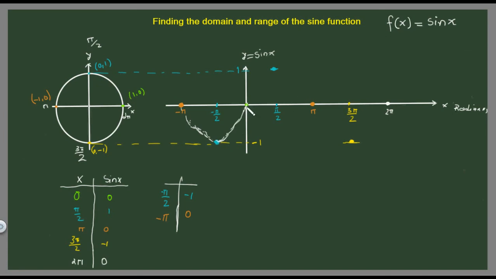Oh, freehand is not my thing, but I'm trying my best. Going through pi, it is 0 again.